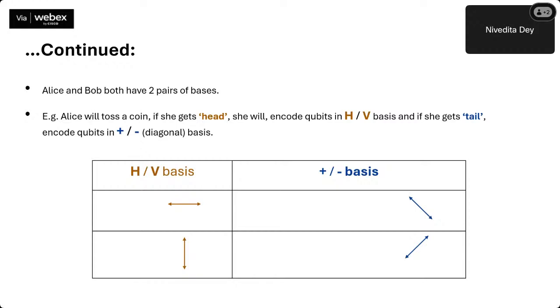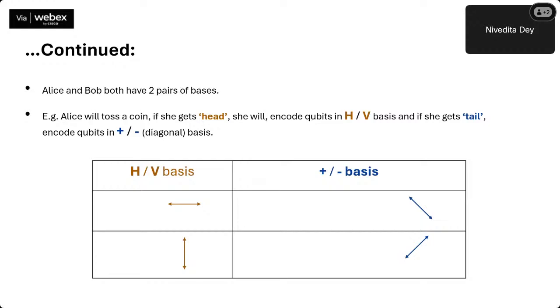So Alice and Bob will both have 2 pairs of bases. To start with, Alice will toss a coin and Bob will also toss a coin. If Alice gets, say, a head, she will encode the qubits in the horizontal-vertical basis.